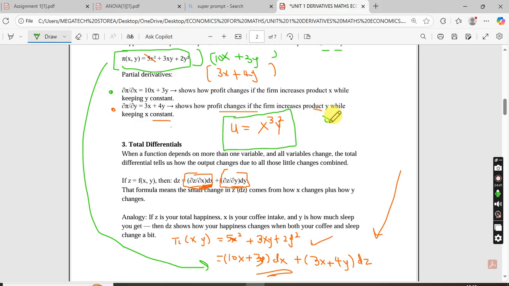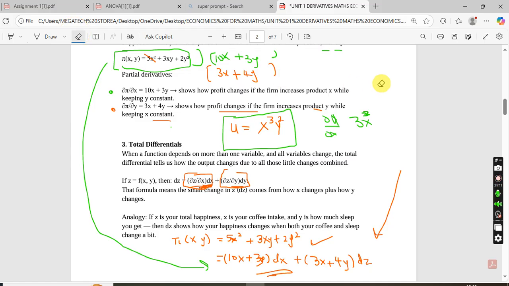Okay, that's the partial derivative with respect to x, right? 3x to the power 2, 3x squared, then y to the power 2. Yes, that's correct.